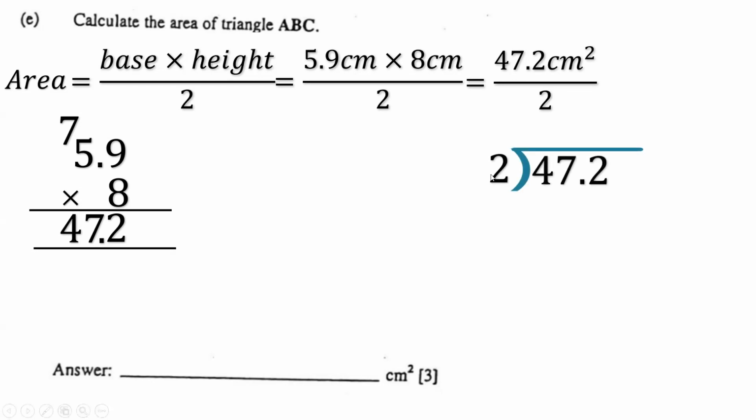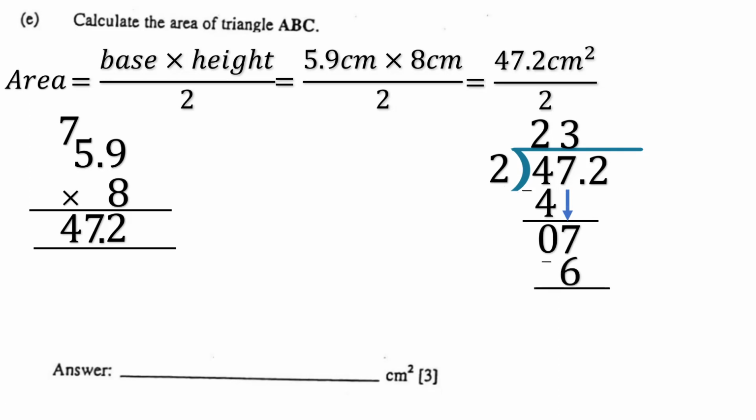How many times does 2 go into 4? Well, 2 goes into 4 exactly 2 times, right? So 2 times 2 is 4. And if we subtract it, 4 minus 4 is 0. We bring down the 7. How many times does 2 go into 7? 2 goes into 7 3 times because 2 times 3 is 6.